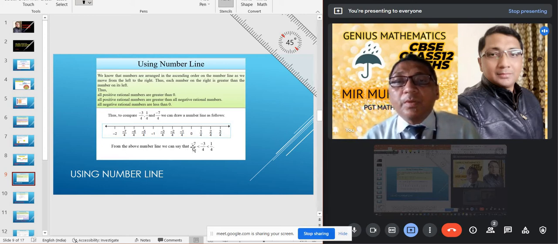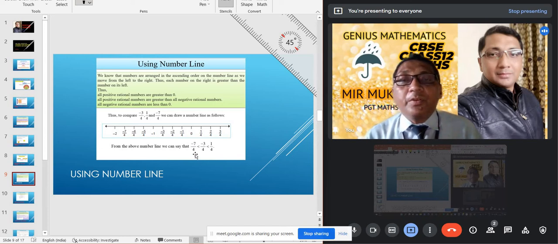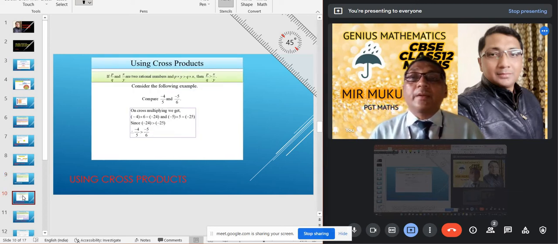So the smallest one is minus 7 by 4, then minus 3 by 4, then 1 by 4. Like that we can compare.